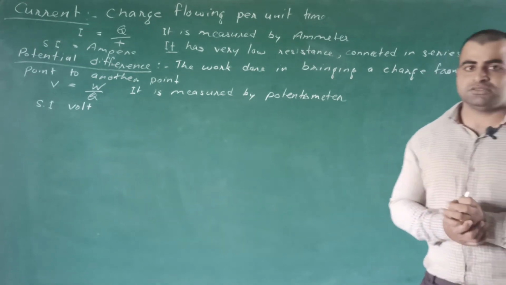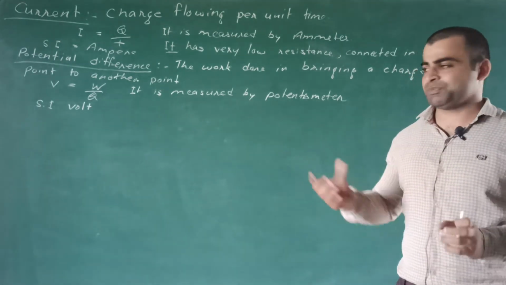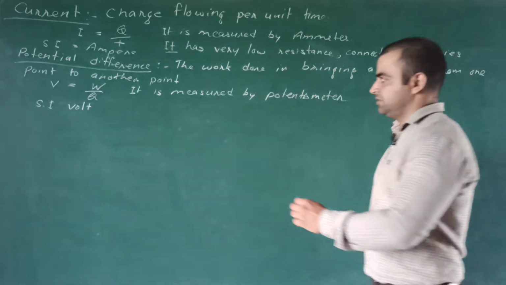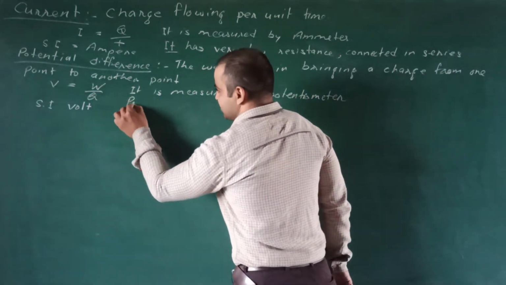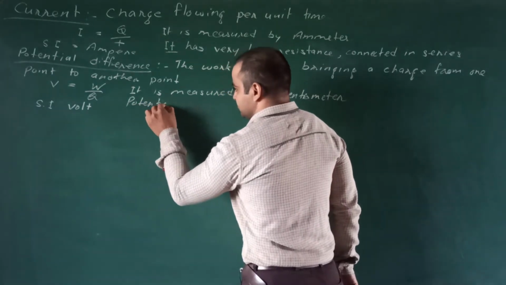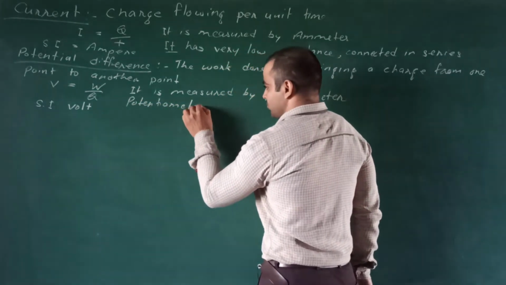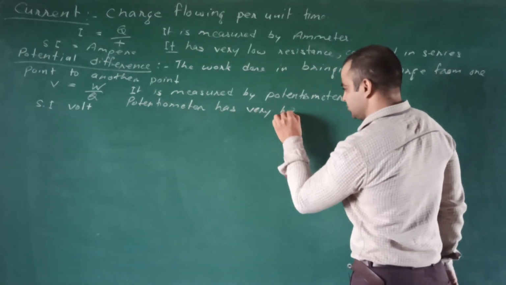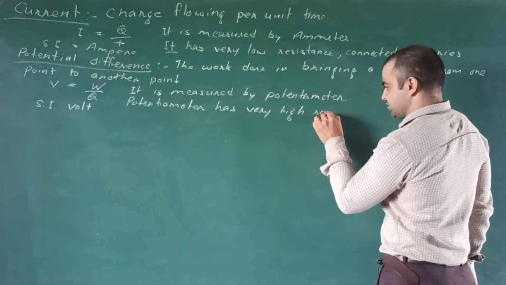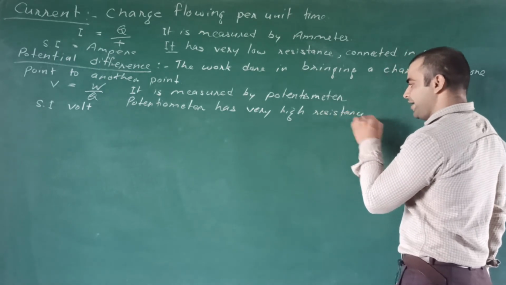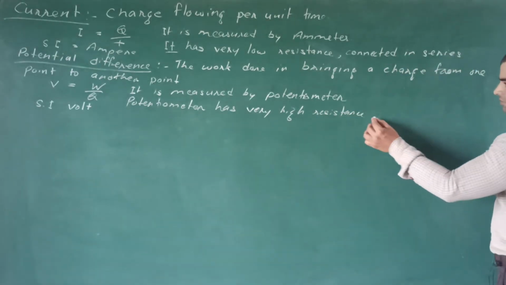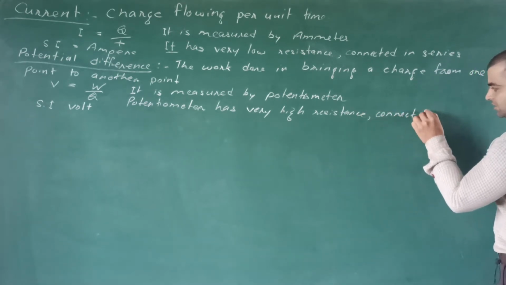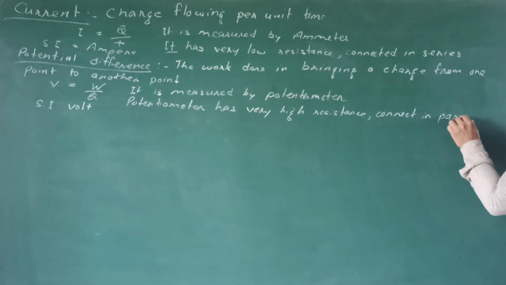And an ideal potentiometer has very high resistance. It is always connected in parallel.